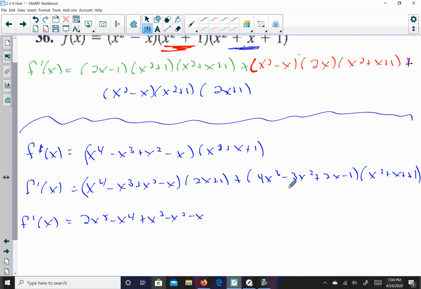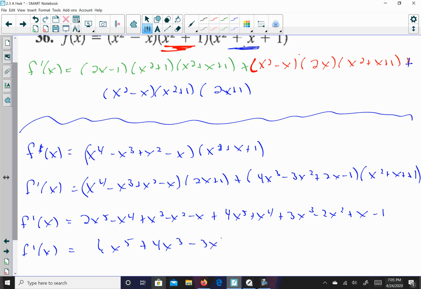And then when I multiply these two, I get 4x to the fifth plus x to the fourth minus x to the third plus 2x squared plus x minus 1. Combining my terms, I end up with 6x to the fifth plus 4x to the third minus 3x squared minus 1.